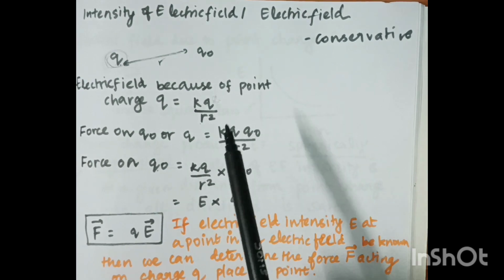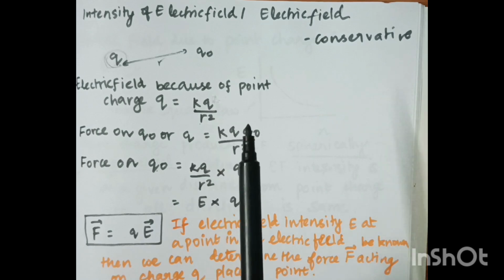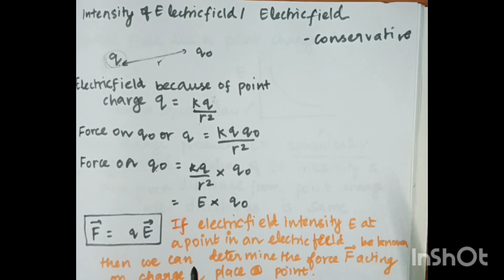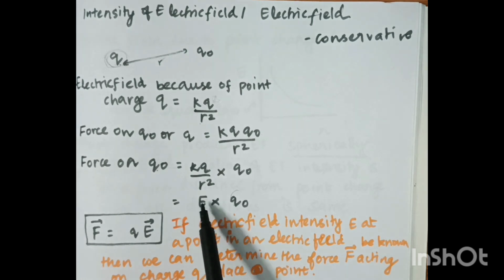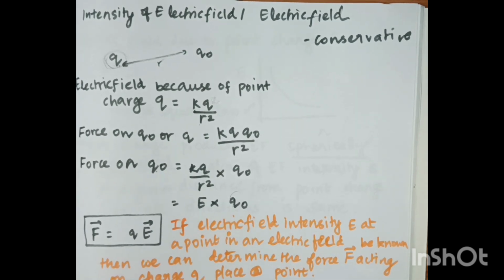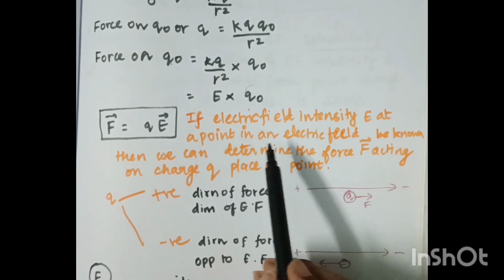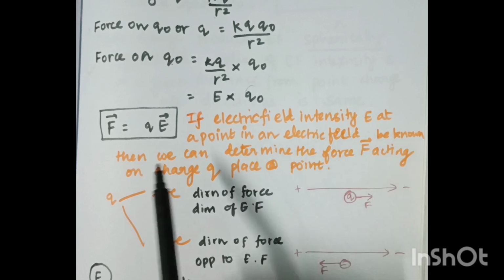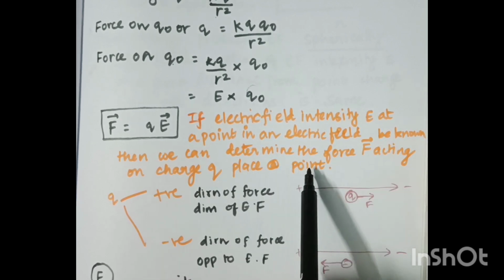If there is a charge Q naught placed in an electric field E, then we can find the force on that charge Q naught by multiplying the electric field and that Q naught. Please try to understand. If electric field intensity E at a point in an electric field is known, then we can determine the force F acting on the charge Q placed at that point.